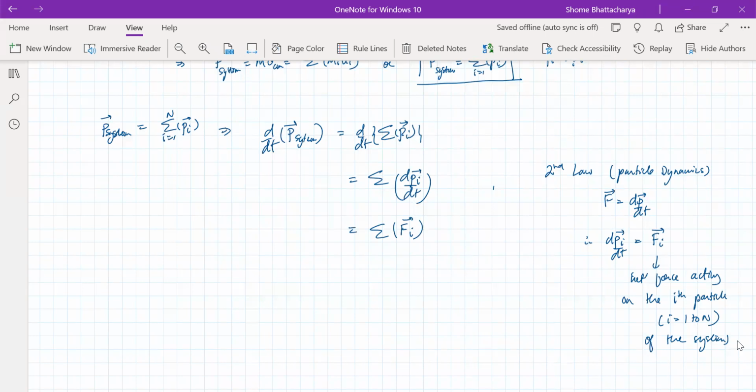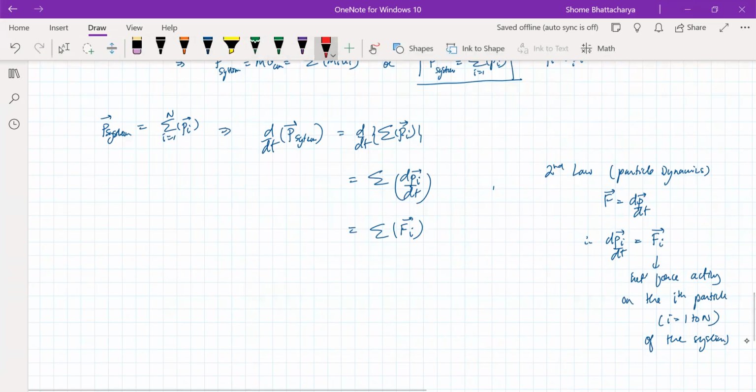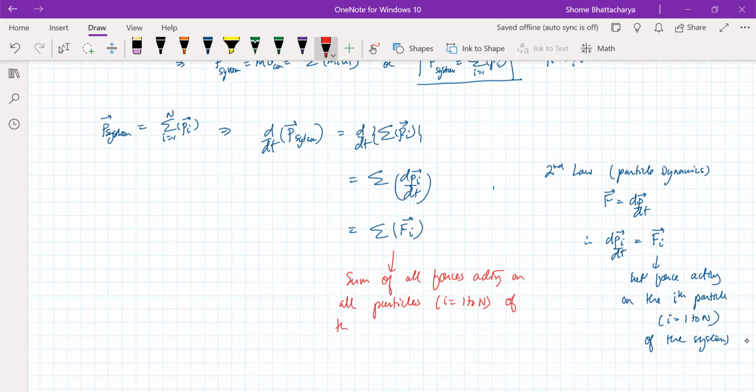Now we'll see one thing interesting here, that when we sum up all the forces, this is the sum of all forces acting on all particles, i equal to 1 to n of the system.